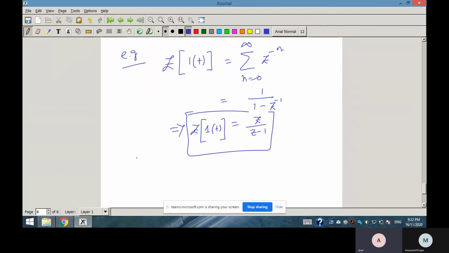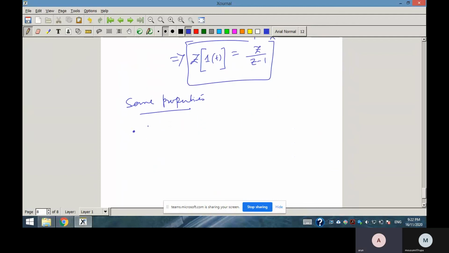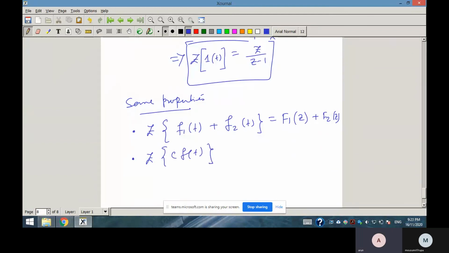Similarly, there are some properties, which I will quickly go through. Z transform of f1(t) plus f2(t) you can write as F1(z) plus F2(z), where F1(z) is the Z transform of f1(t) and capital F2(z) is the Z transform of f2(t). Similarly, the Z transform of c into f(t), where c is any scalar, is c into F(z).